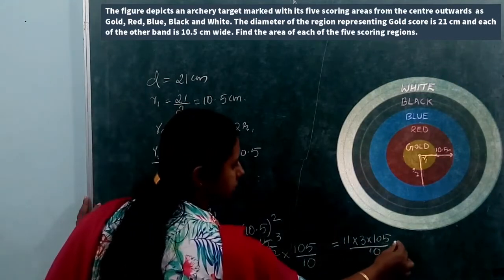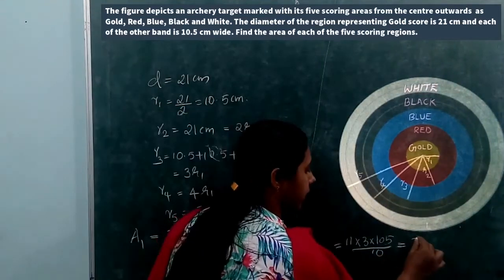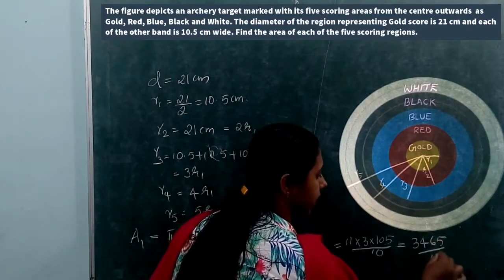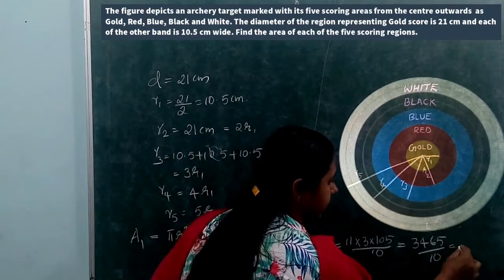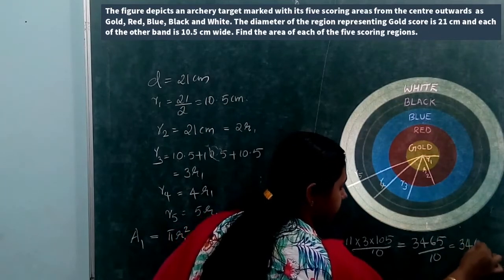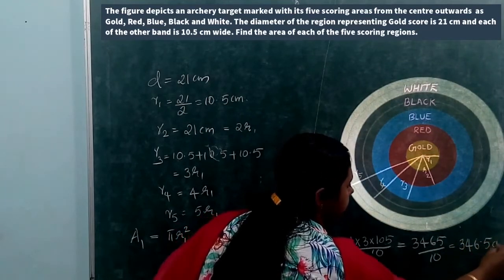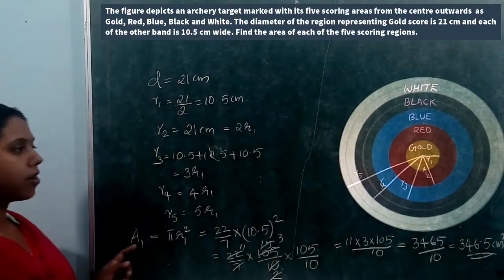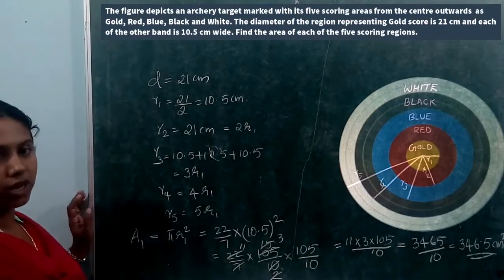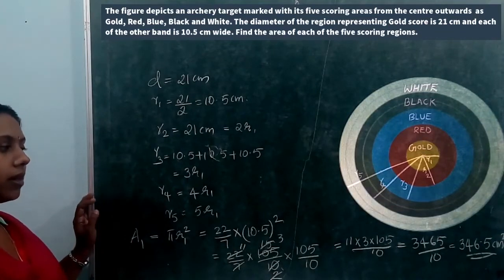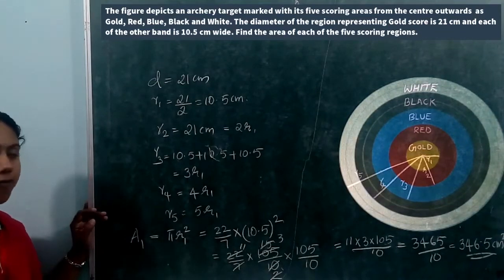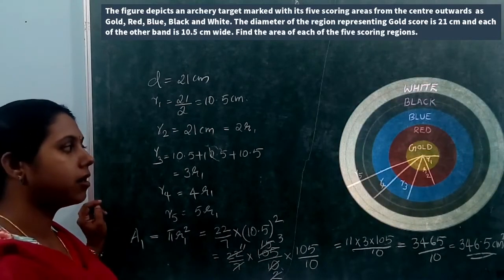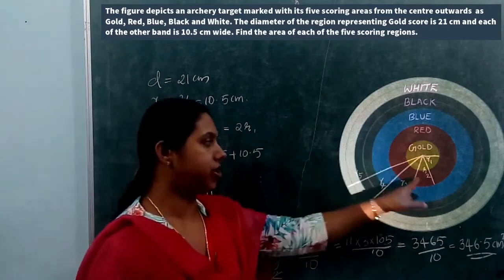That is equal to 3465 divided by 10. That is equal to 346.5 centimeter square. So the area of the region gold is equal to 346.5 centimeter square.